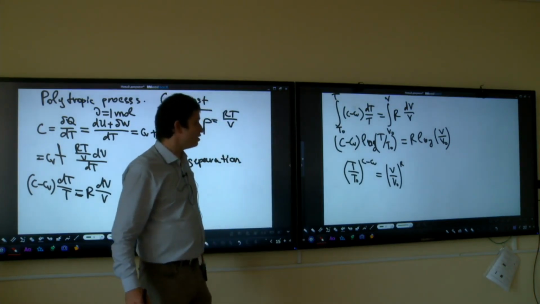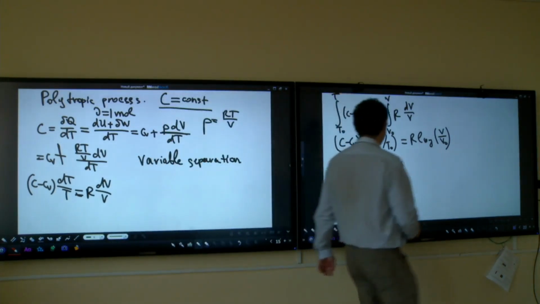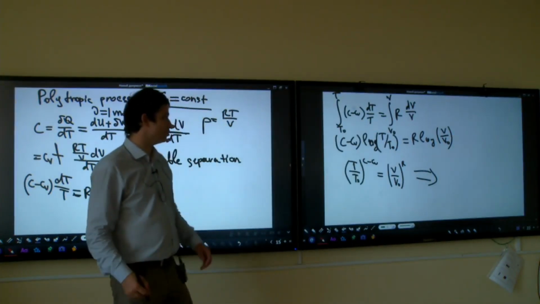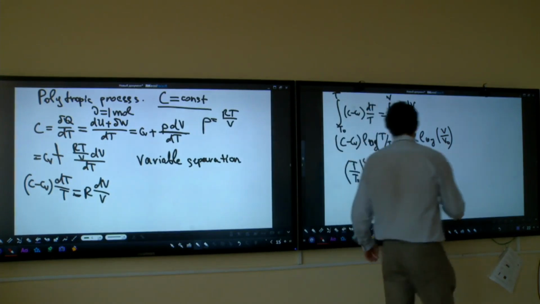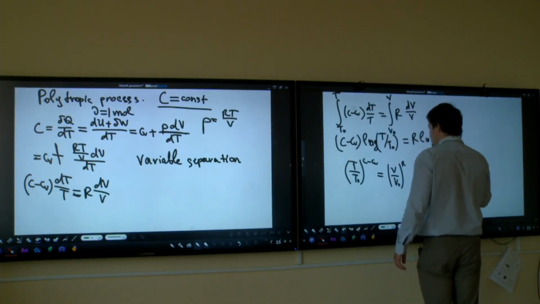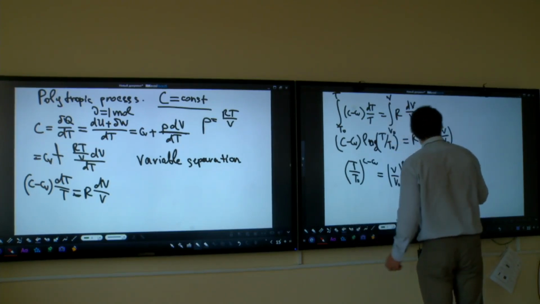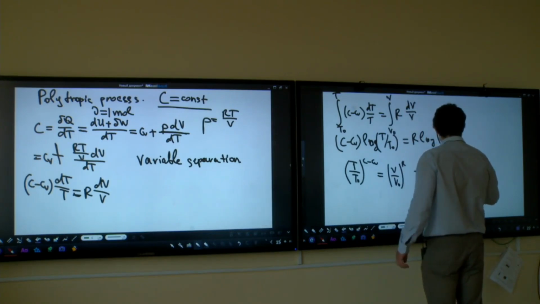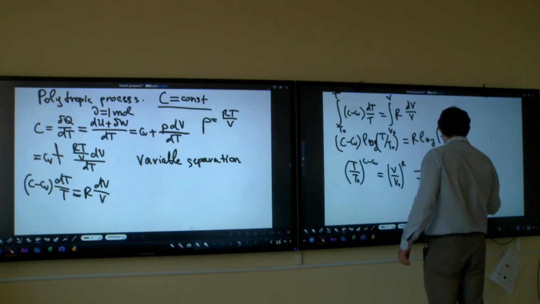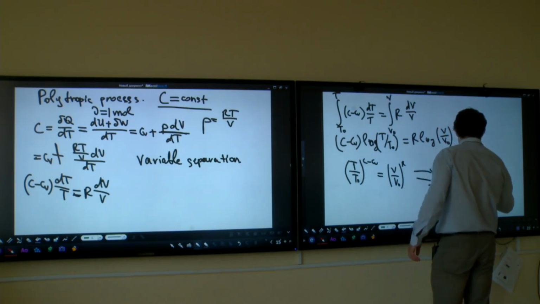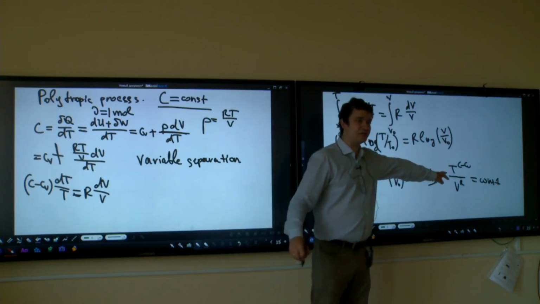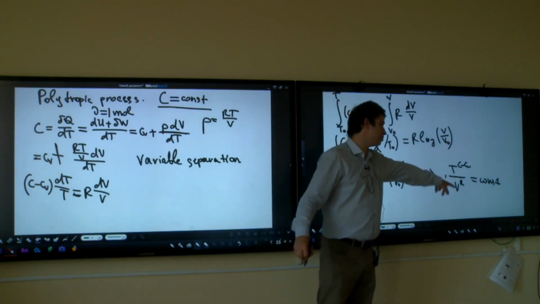And finally, after this messy set of transformations, I obtained the equation for the polytropic process. It is T to the power C minus Cv over V to the power R is constant, because this equals the same expression but with initial conditions T0 and V0.